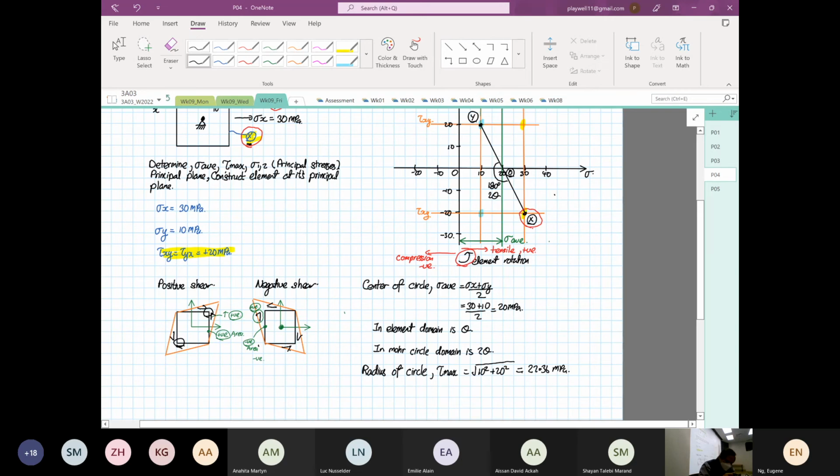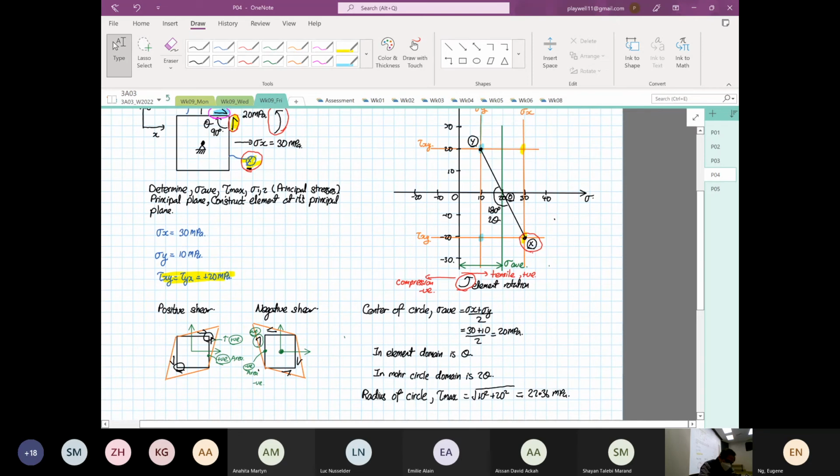Okay, so how do we get 10? What we want to find is the distance from here to here, or the geometry from here to here. This is your radius, right? So we know that the distance from here to here is 10, and from here to here is 20. Very simple math.